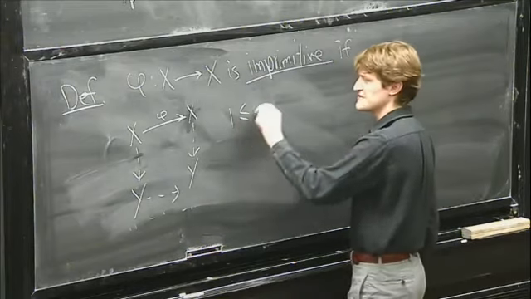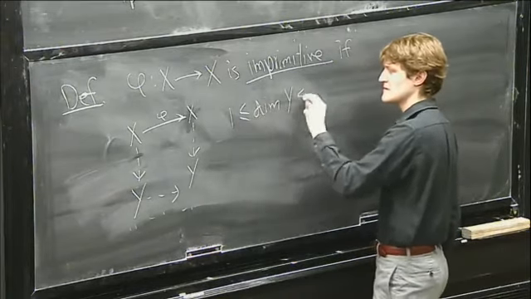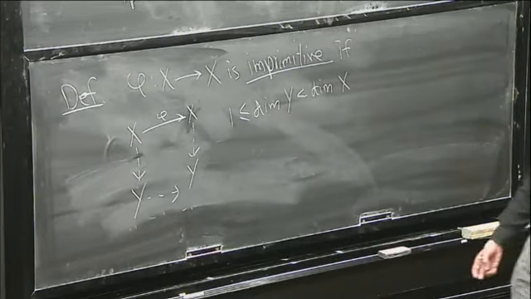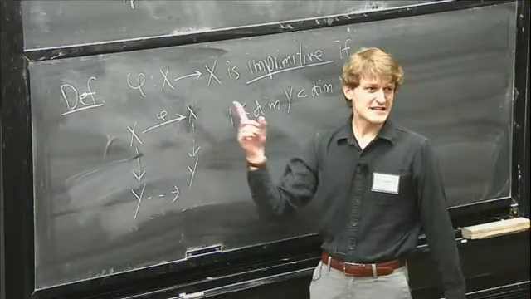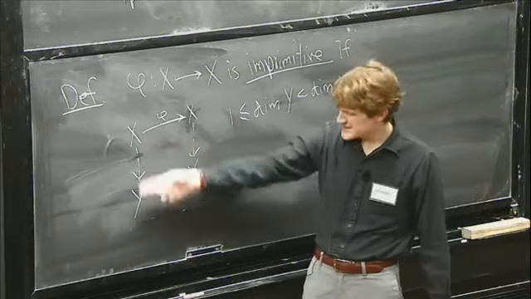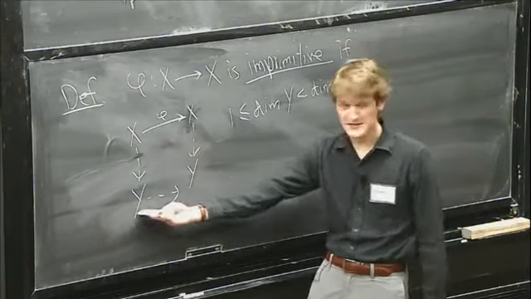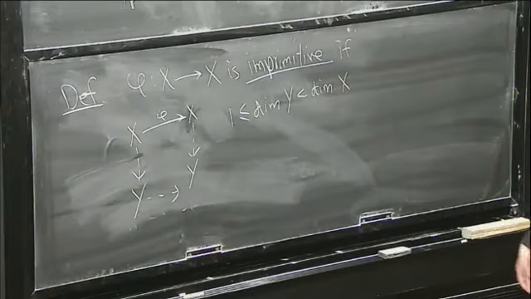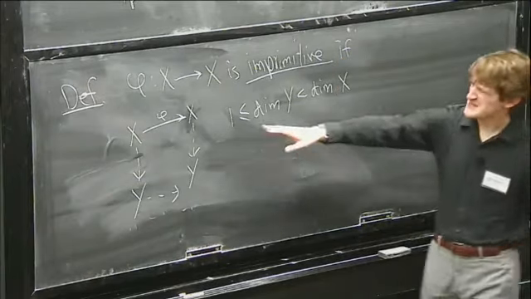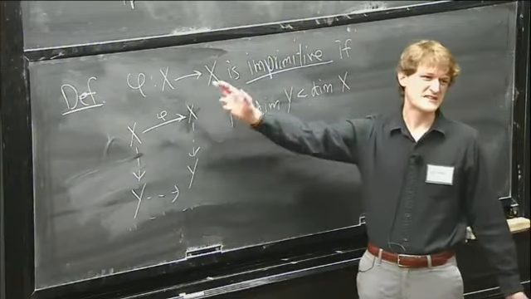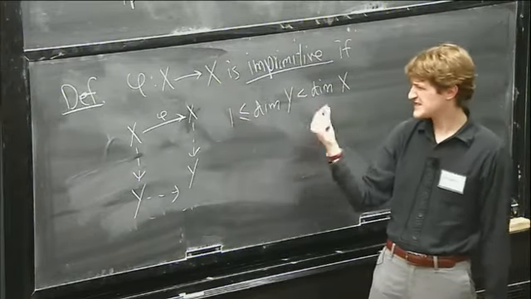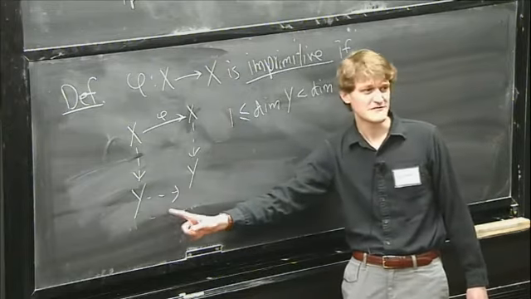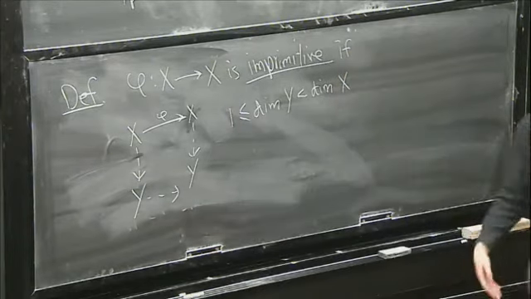So we want the dimension of y to be less than the dimension of x. We don't want y to be a point. Here, although x itself has an automorphism, I'm only going to insist that the other maps be rational maps. And in particular, this map down here is just a birational automorphism of y. But the idea here is if you're interested in maybe dynamical properties of this automorphism, like the number of fixed points, when you're in this situation, it's really going to come down to properties of this automorphism of the lower dimensional thing.